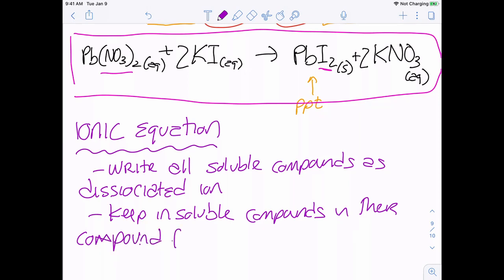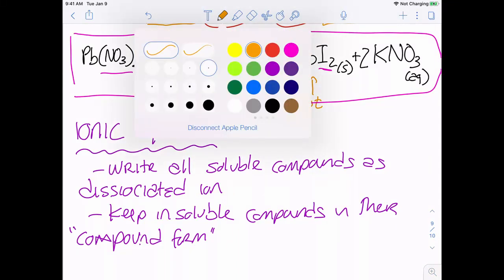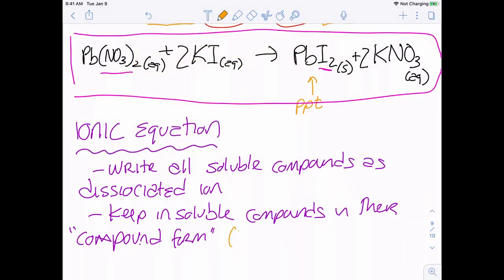I know compound form, I'm kind of making up that word. But keep it together. Let's actually write it in a different color anyway, because I want it to stick out. Keep together. These guys we're going to break apart.